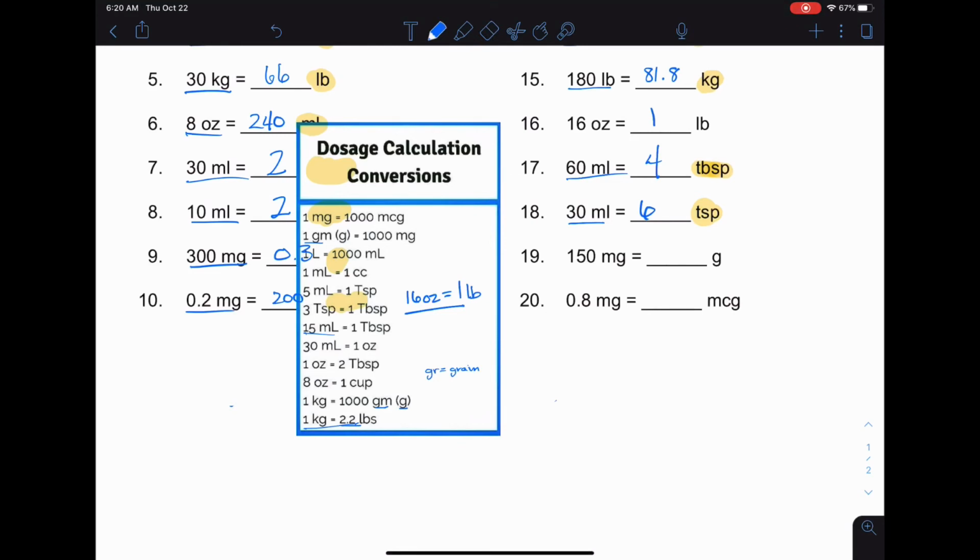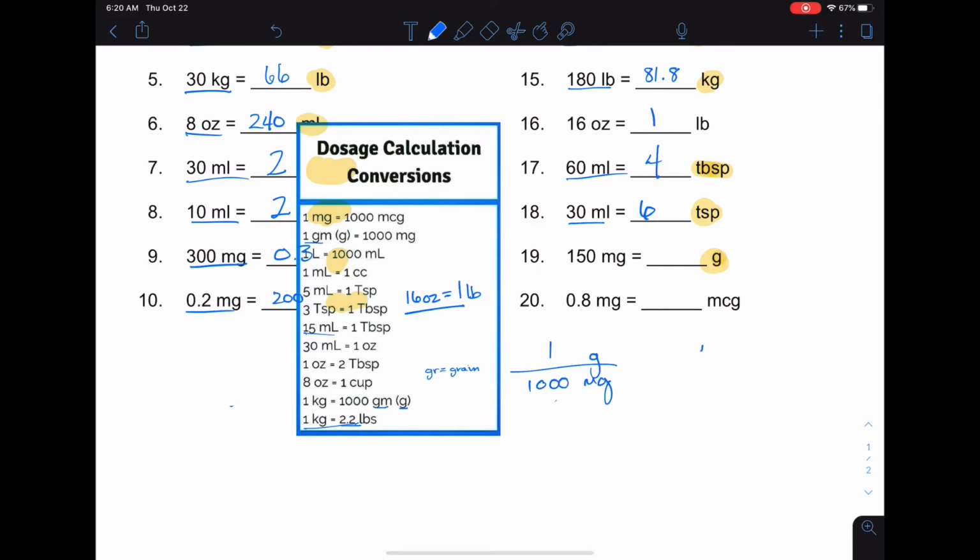All right, number 19, 150 milligrams equals how many grams? So do we have a milligrams to grams conversion? We do, we've used it quite a bit. 1 gram is equal to 1,000 milligrams. We're trying to get to grams, so that'll be our starting point. So 1 gram is equal to 1,000 milligrams.